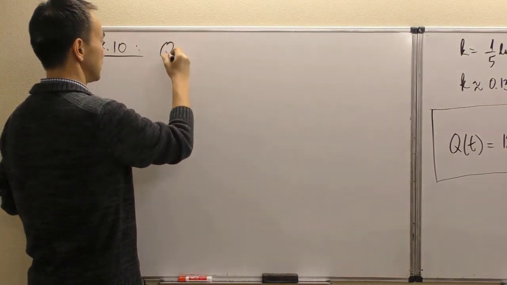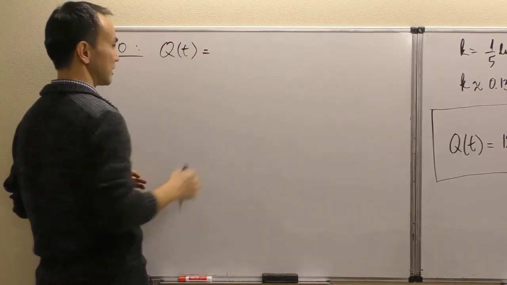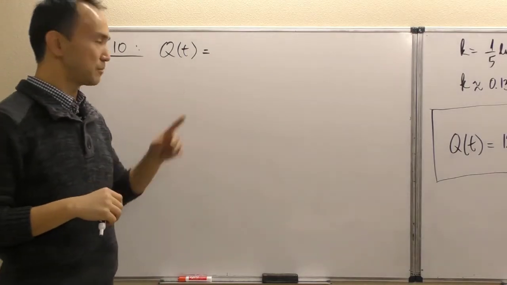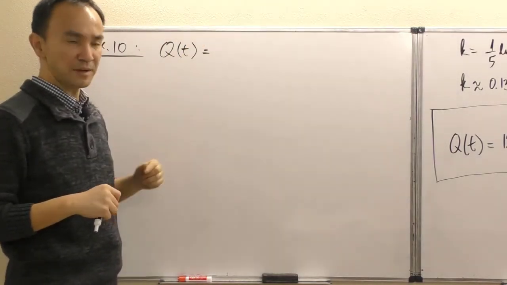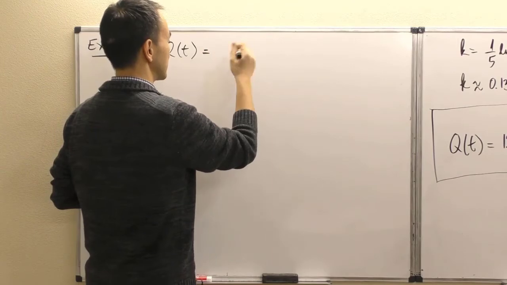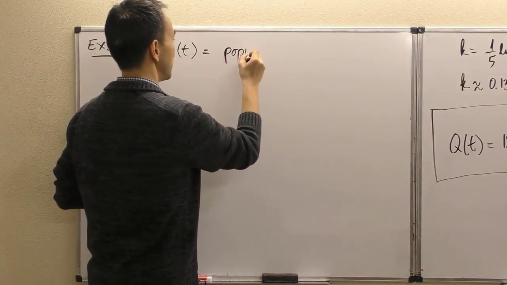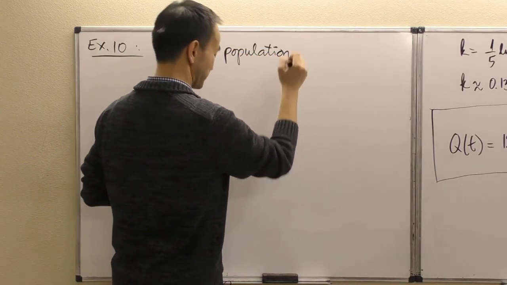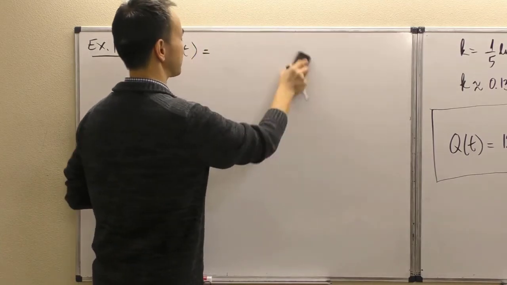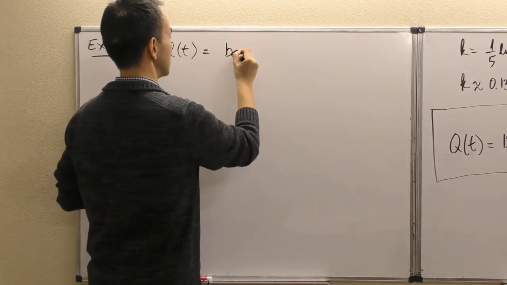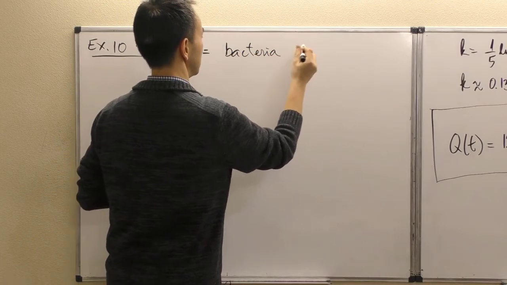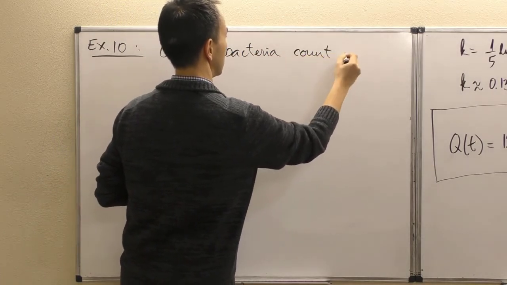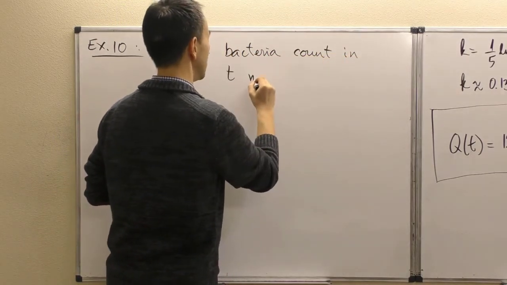We can call Q of t, just like the earlier problem, the population of bacteria, or how about the bacteria count, in t minutes.